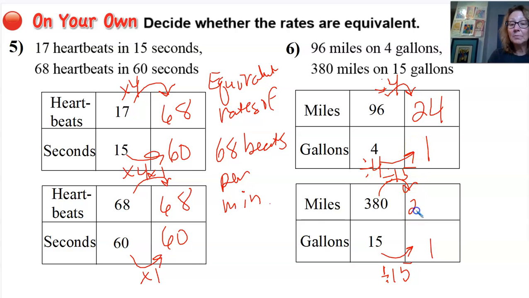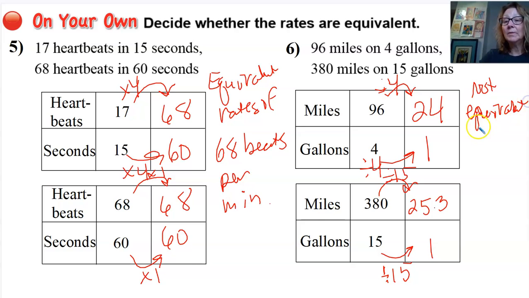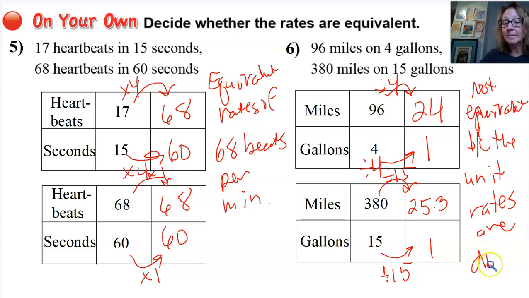So you get 25.3, and of course it keeps going. And I could say these are not equivalent because the unit rates are different, right? And equivalent means they're going to have the same unit rate. Okay, sorry that one got a little messy.